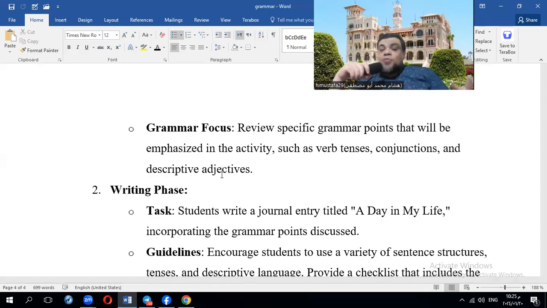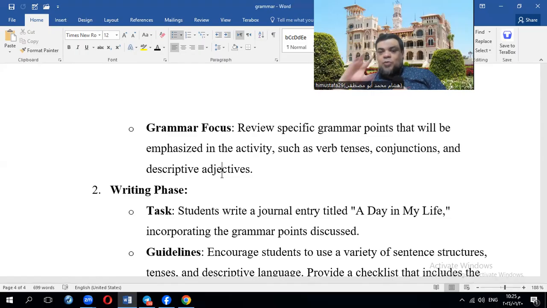Students write a journal entry entitled "A Day in My Life," incorporating the grammar points discussed. So students now are going to write a day in my life. This is a journal entry, and they are going to incorporate the grammar points discussed.